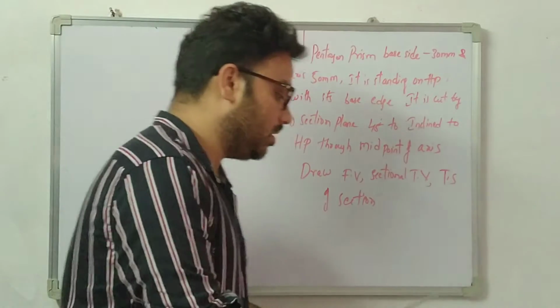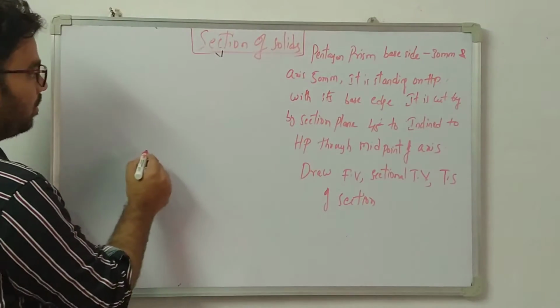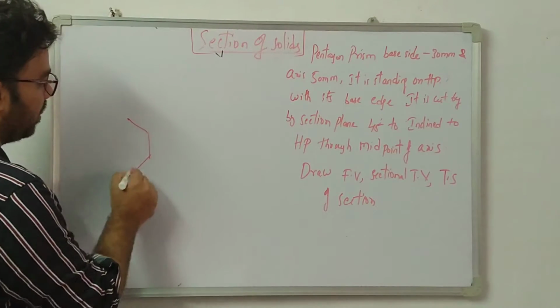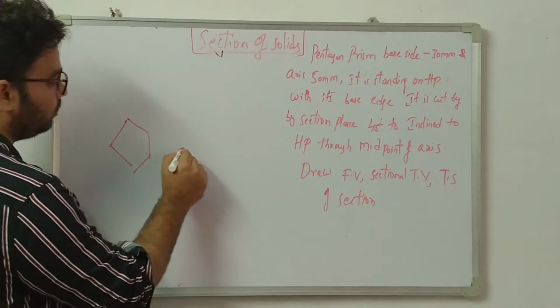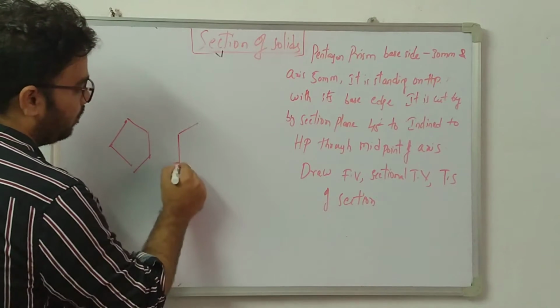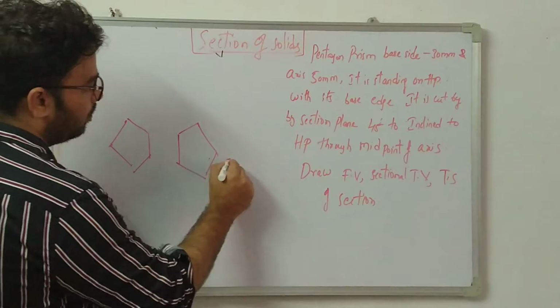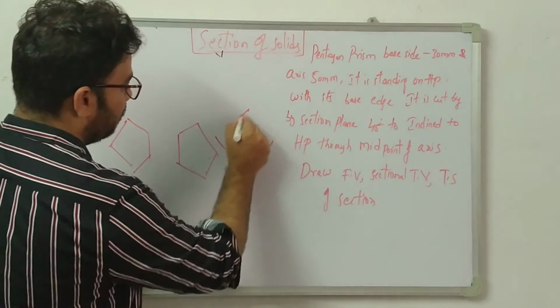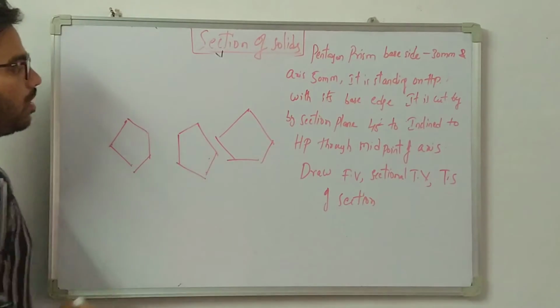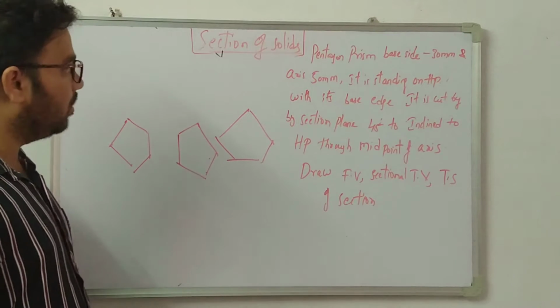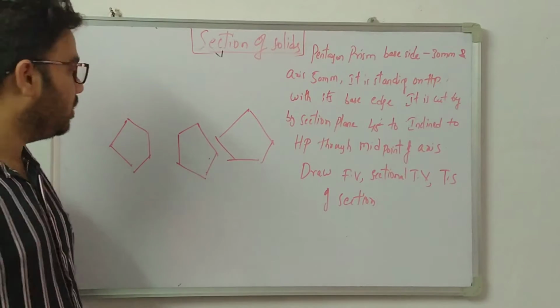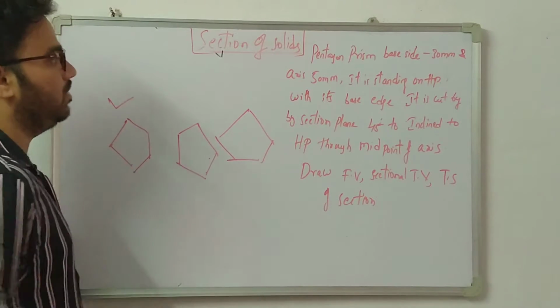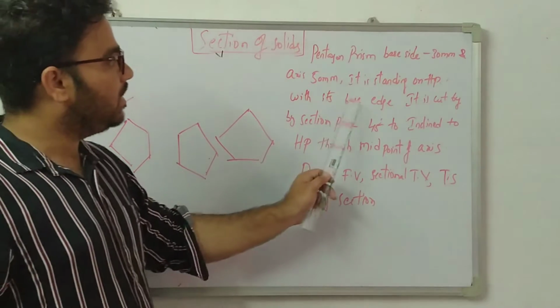Now I will show that. So these are the three diagrams. Which one do we have to draw? In this given problem we have to draw this pentagon. Why? The base edge is given.